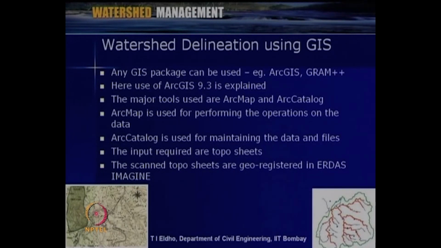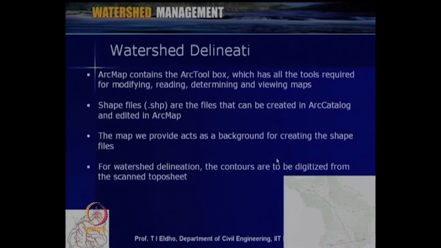Once geo-registered, we can identify the location of the river, the lakes or various other important features of the watershed with respect to the geo-registered coordinates using the scanned topo sheet. And then we can also digitize the contours available within the topo sheet, and that also can be fed to the software.